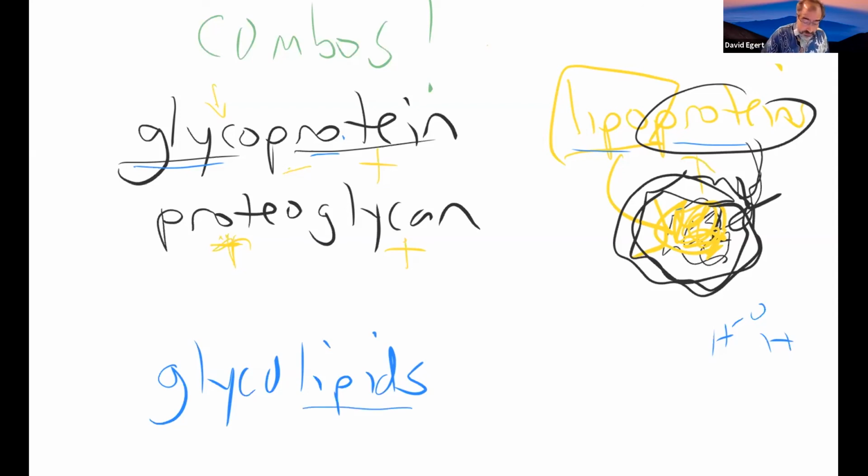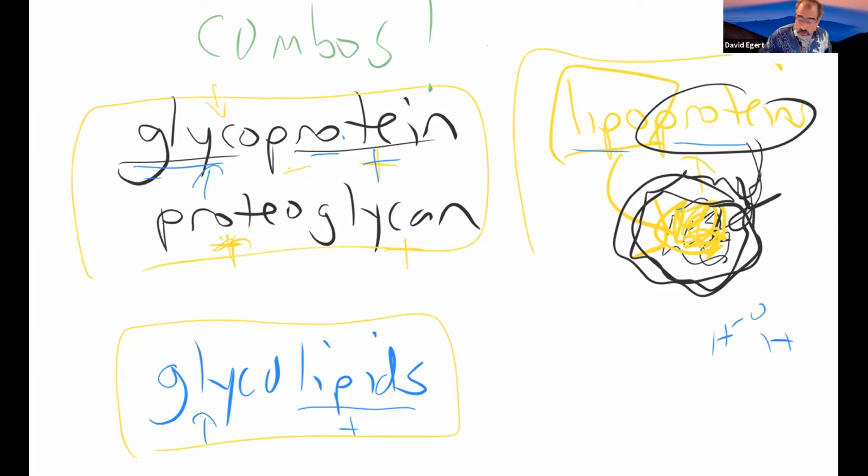So mainly lipid, but then add in some sugar groups, just like a glycoprotein is mainly a protein adding on some sugar groups. So just kind of putting that out there. There is a whole variety of different things that work together. It's not always just a pure carbohydrate or protein or lipid.